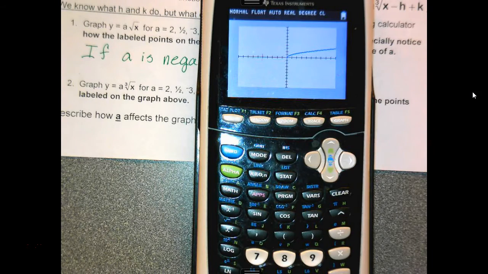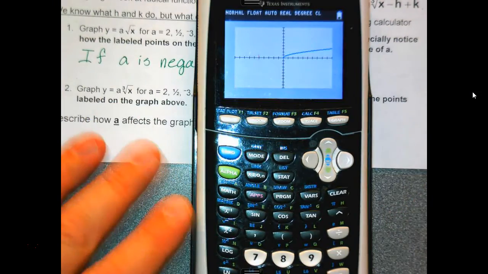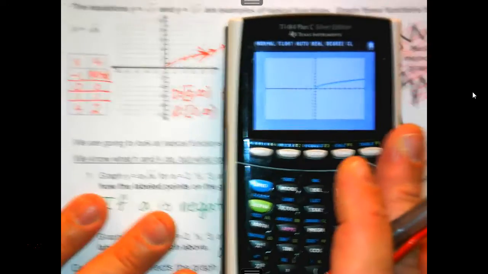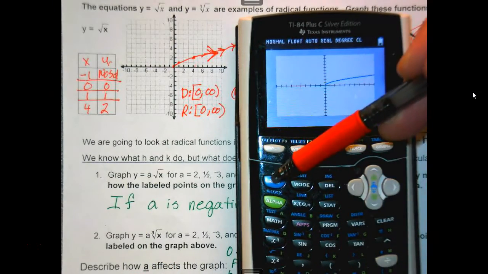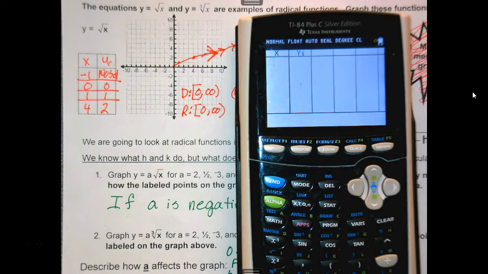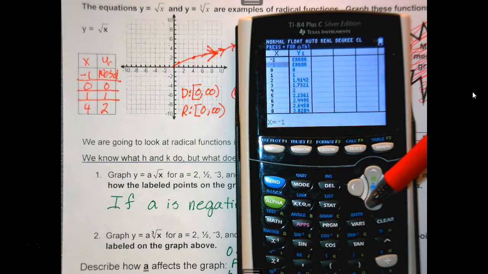Okay, so instead of doing the chart manually, we could have done what? Yeah, we could have brought up the table on the calculator. Second, graph is our table. And there's my starting point. My HK is 0, 0.